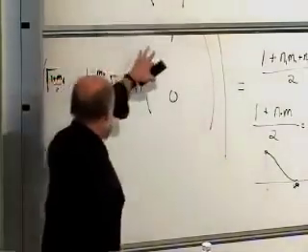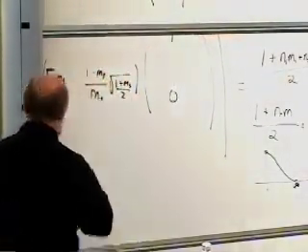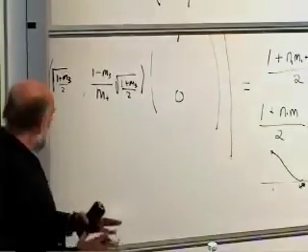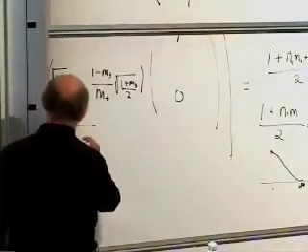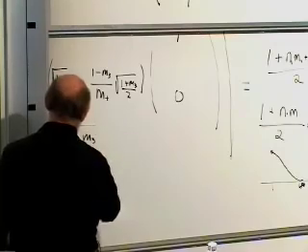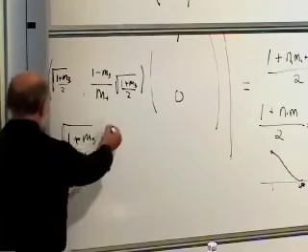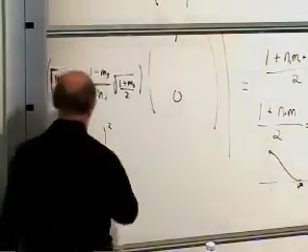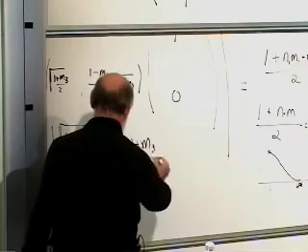It's just this times this, plus this times this, but that's 0. All right? So the probability amplitude, the thing that you square, is just the square root of (1 plus m3) over 2. We square it, and what do we get? We get (1 plus m3) over 2.